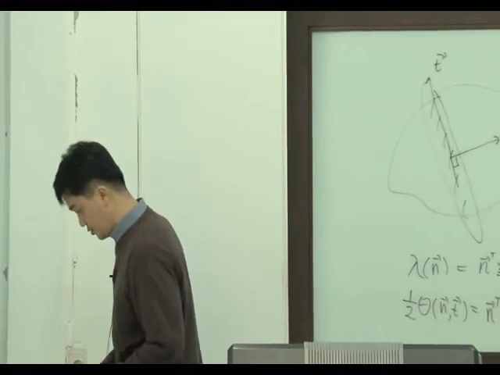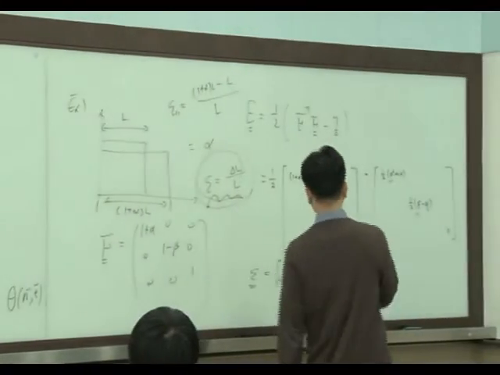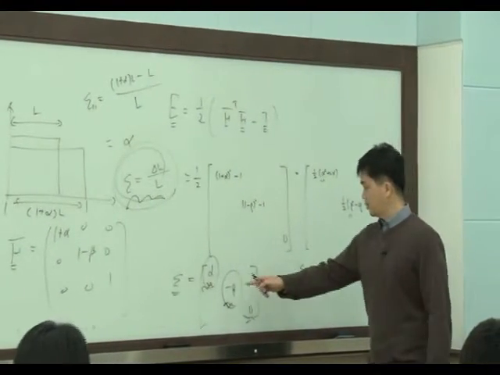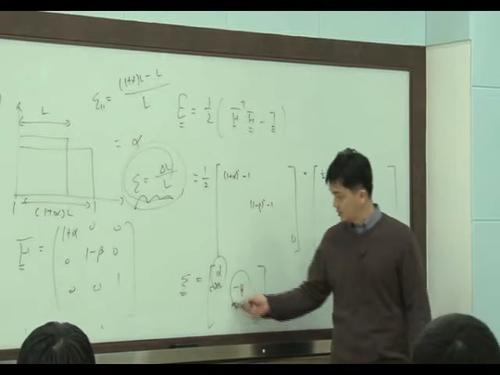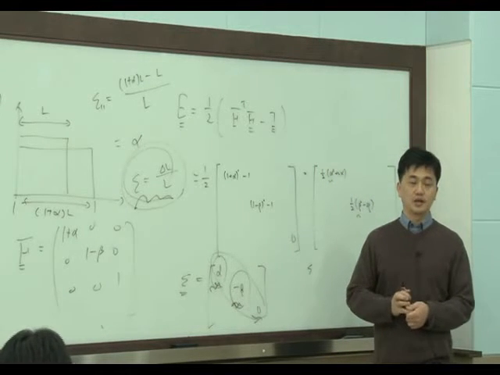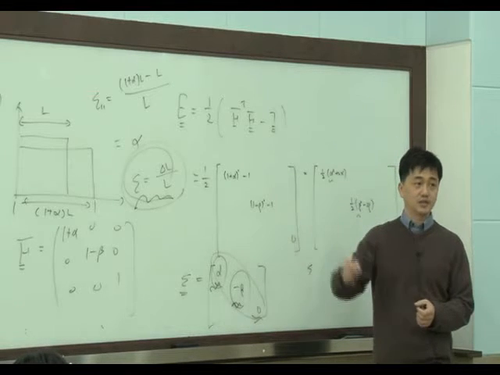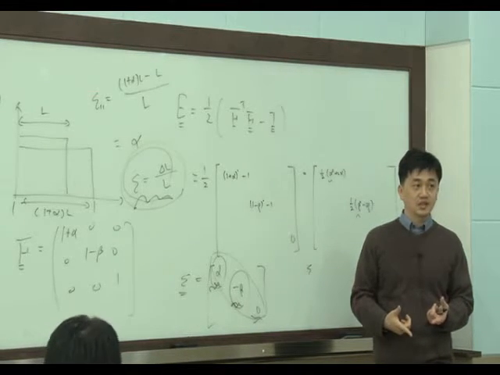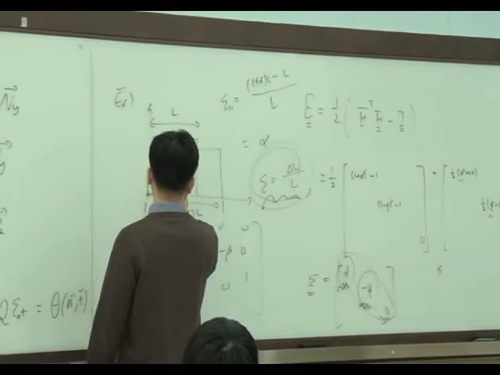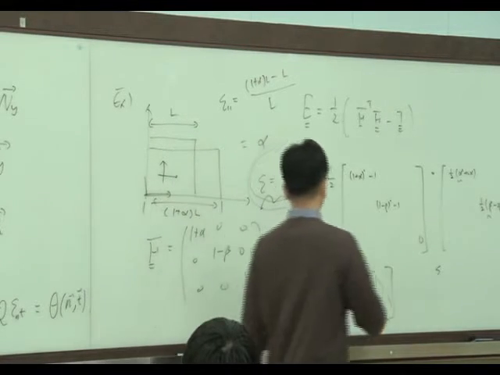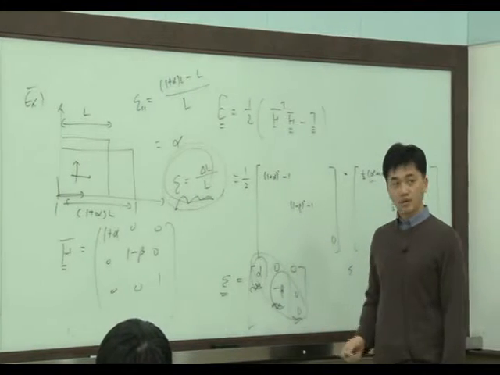And how about the strain 1,1? Strain 1,1 is alpha, and minus beta is strain 2,2. These are all normal strains. During that deformation, is there an angle change between E1 and E2? It's 0. How about E2 and E3? 0.